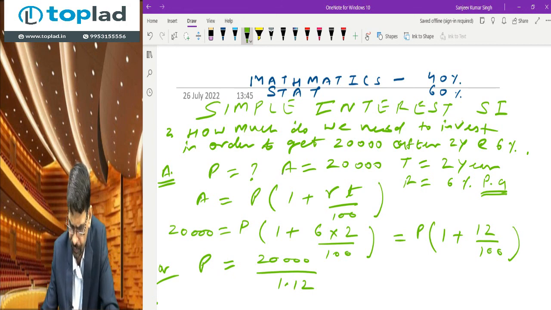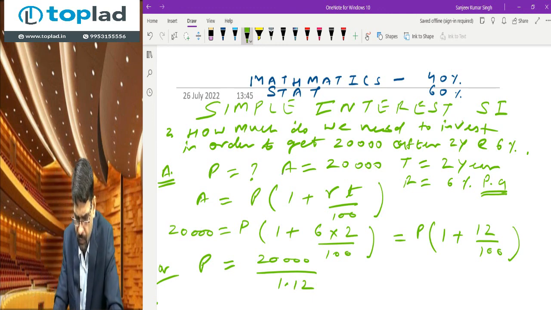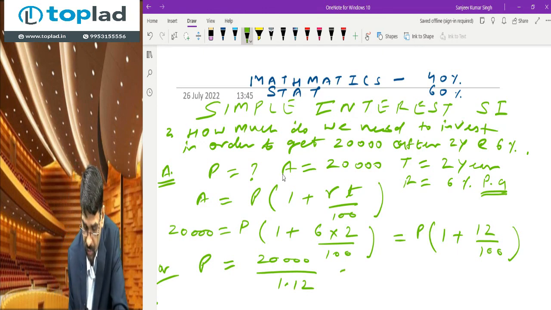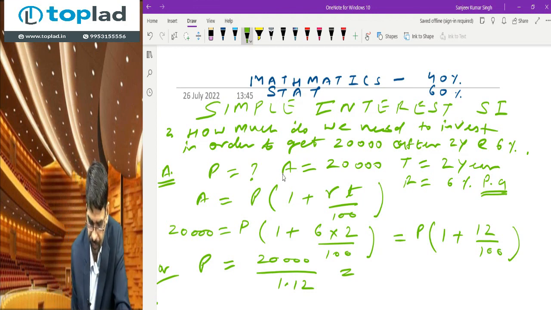Use a calculator: 20,000 divided by 1.12. So you will get 17,857.14.